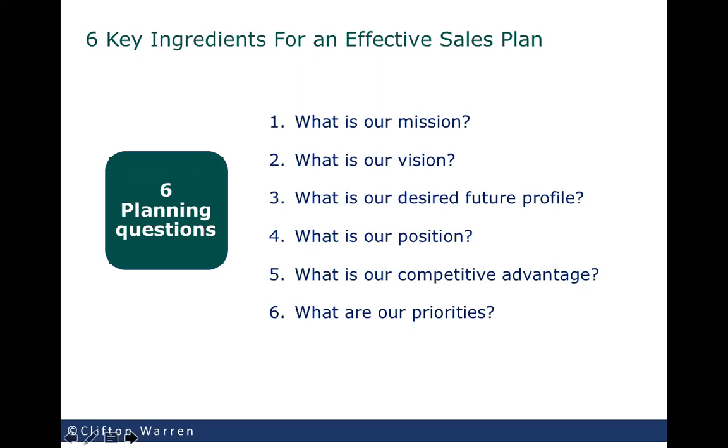Number 2, what is our vision? What is our desired future profile? What is our position? What is our competitive advantage? And what are our priorities? So these are the 6 planning questions. I'm going to look at each one of these individually.